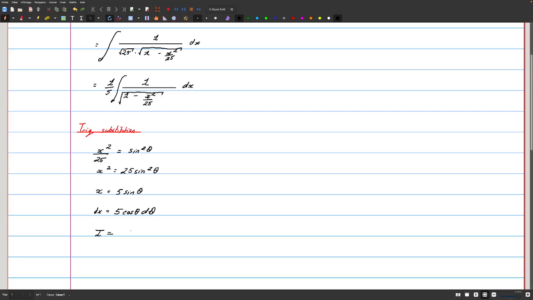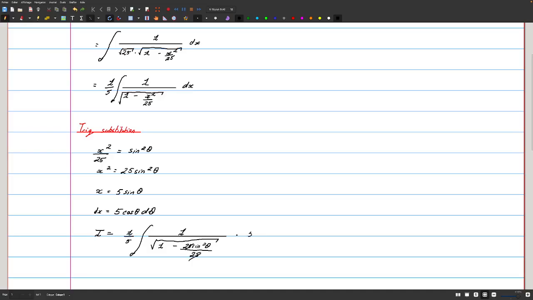So now we have all the chunks to put our integral back together under the theta argument. We'll have 1/5, which we had previously, integral of 1 over the root of 1 minus 25 sine squared of theta over 25. So these two things knock out like that.